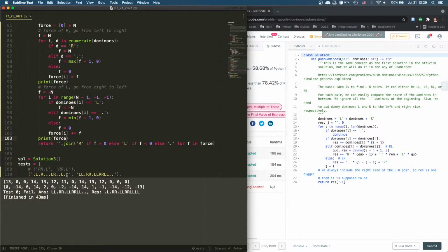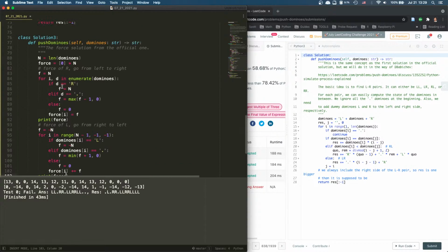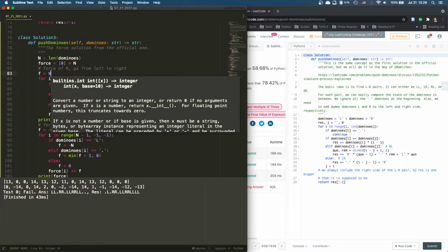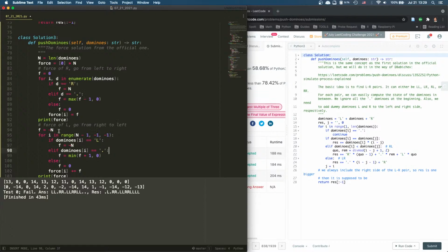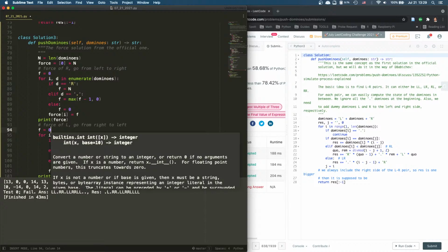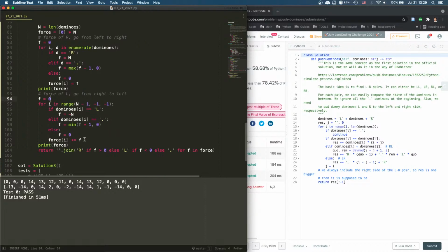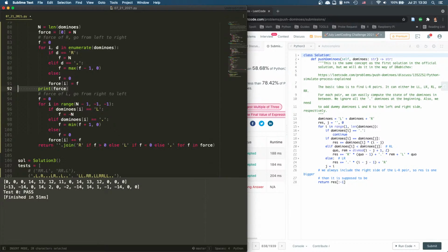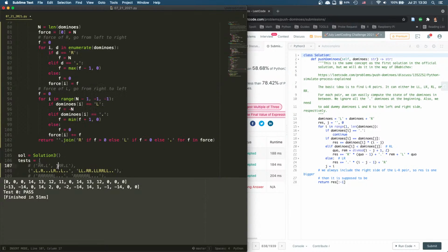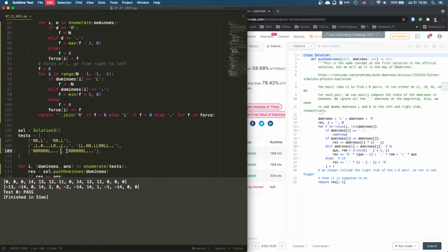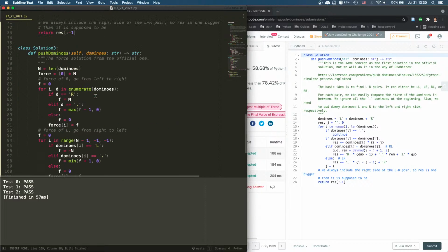I think these are supposed to be zeros. We start with the 0. Yeah, there we go. We start with the 0. And once we reach an R, then we turn. Okay? Yeah, start with no force. There we go.